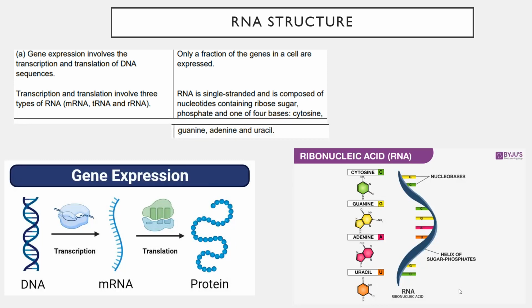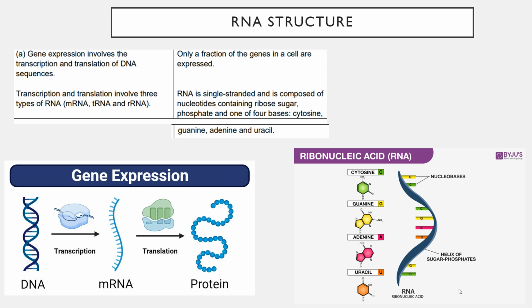So first off, what do we mean by gene expression? Expression is the active building of a protein based upon the genetic code, the sequence of bases that appear within the DNA. This is going to involve two big processes: transcription and translation.